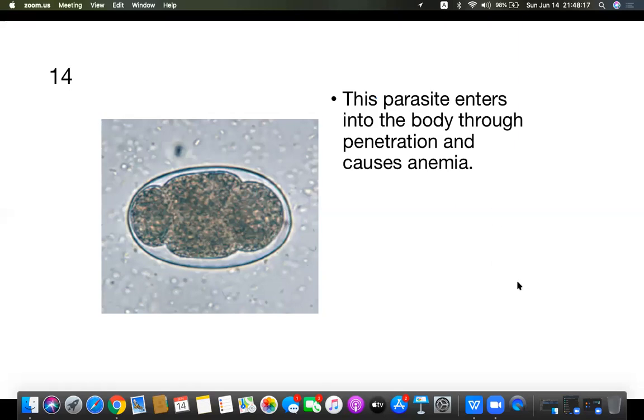The egg will come out in the external environment, importantly in the soil. Now, in the soil, that egg will undergo different development. The first stage of larva is called rhabditiform larva, and the second stage of larva is called filariform larva. Rhabditiform larva and filariform larva.